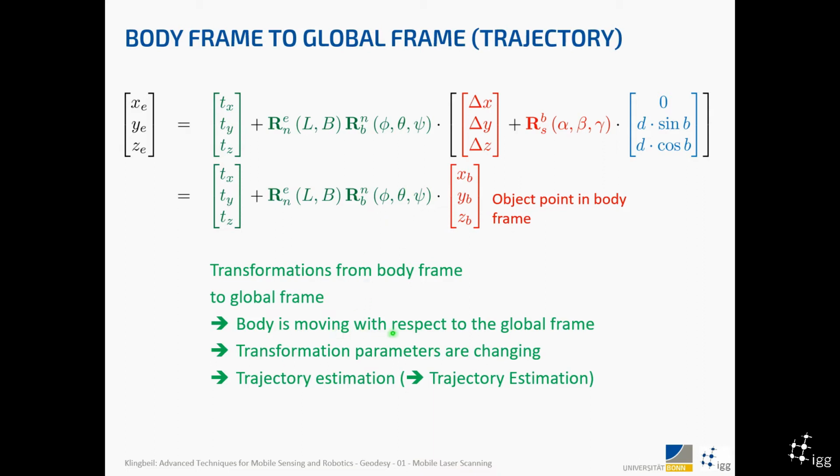These transformation parameters are changing, and to derive those transformation parameters is called trajectory estimation. And this is what we've done. This was the main content of the Geodesy track of the sensors and state estimation module last year, and we will repeat this a little bit and extend it a little bit in the next lecture here.